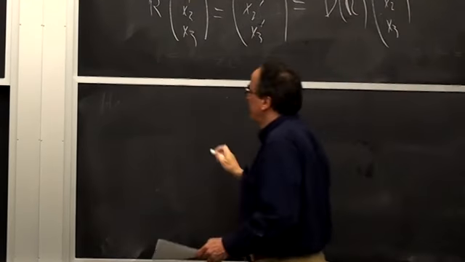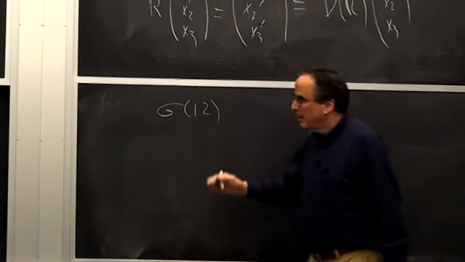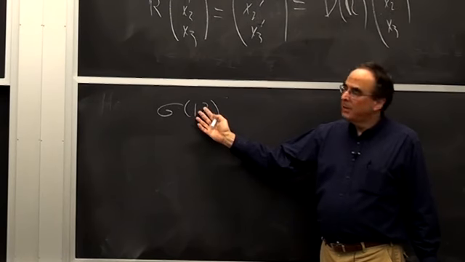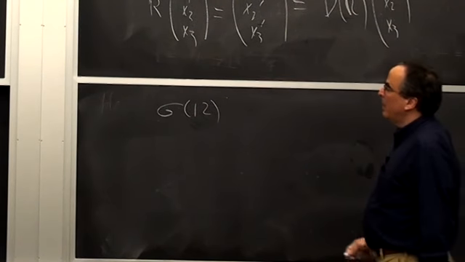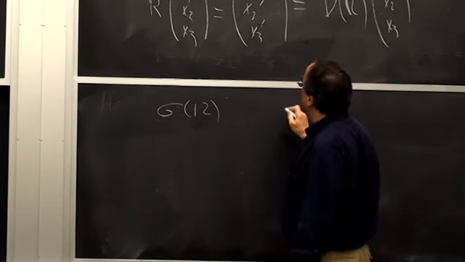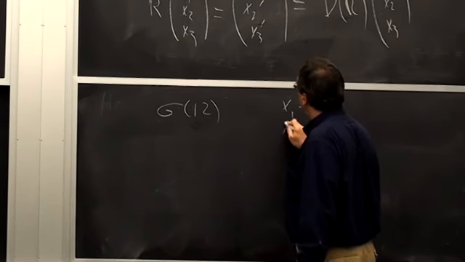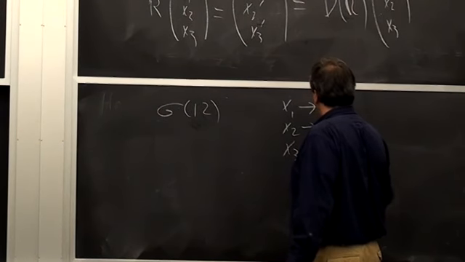So suppose we're interested in the plane that contains x1 and x2. Well, what does that do? Well, the plane that contains x1 and x2 takes x1 into x1, x2 into x2, and x3 into minus x3.